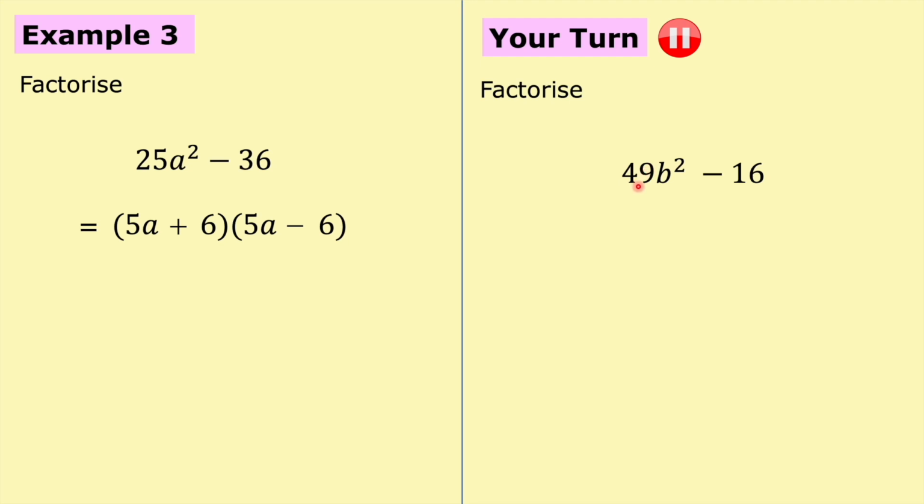So the square root of 49 is 7, the square root of b squared is b, and the square root of 16 is 4. So the square root of the first term goes at the start of the bracket, so we've got 7b and 7b, because 7b times 7b will give us 49b squared. The square root of 16 goes at the end of our brackets, and then add in your plus and your negative signs. So really well done if you got that.